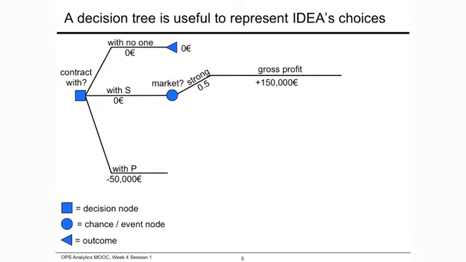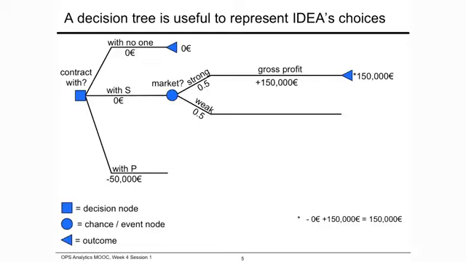That gives us an outcome of €150,000, and we calculated it by adding the 0 upfront cost with €150,000 of gross profit. If, on the other hand, the market is weak, that happens with a probability of 0.5. And in that case, again, we can calculate the gross profit.